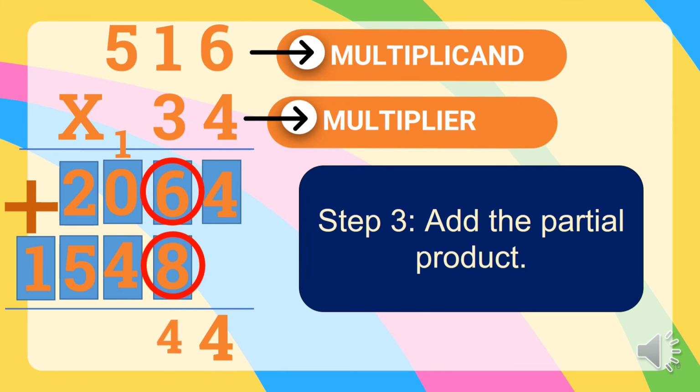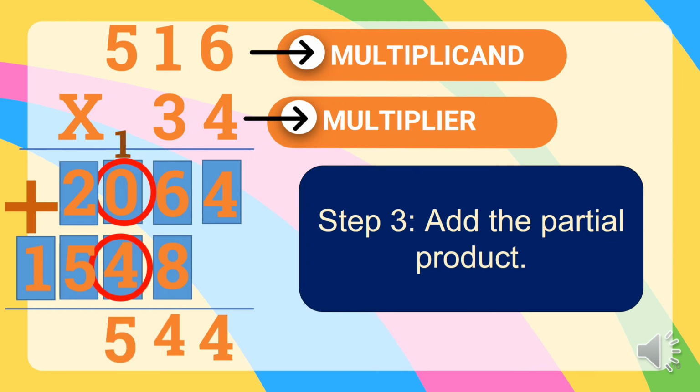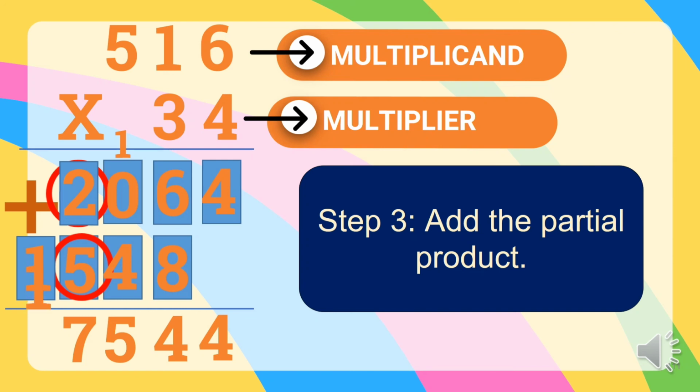Next is 0 plus 4 plus 1 is equal to 5. Next is 2 plus 5 is equal to 7. Bring down 1. Therefore, 516 times 34 is equal to 17,544.